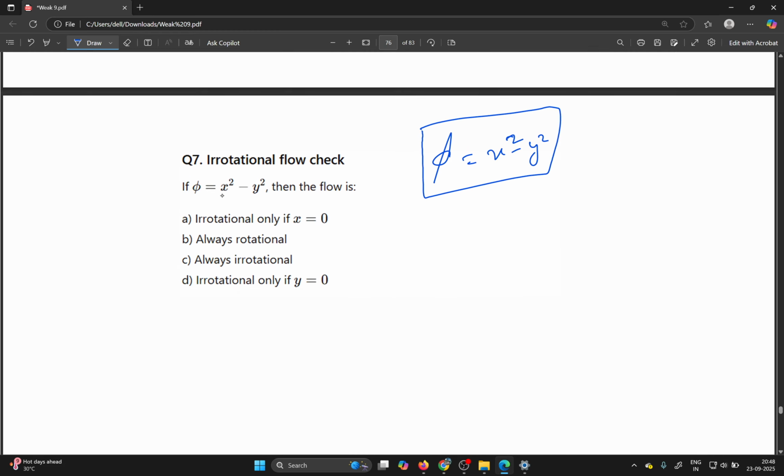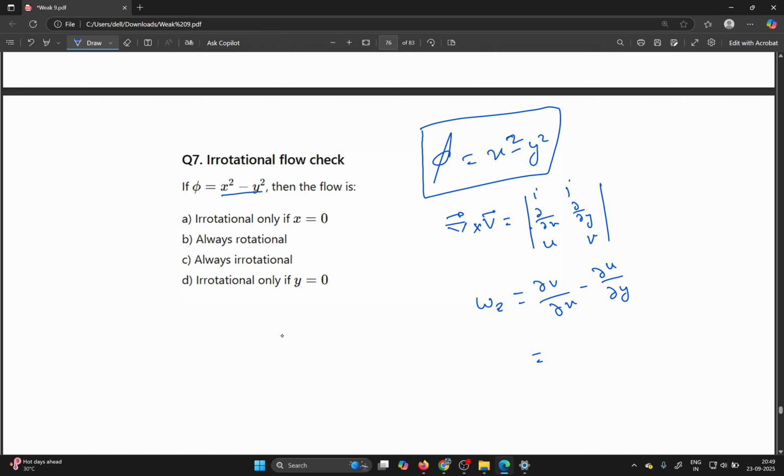Here it is two-dimensional, so you need to check the curl, nothing but del v by del x minus del u by del y. You need to check this one, wz.